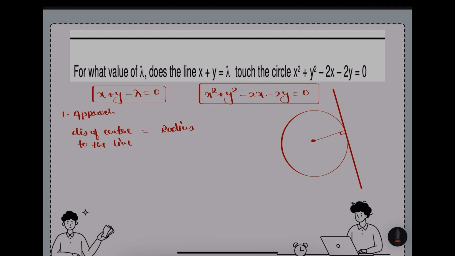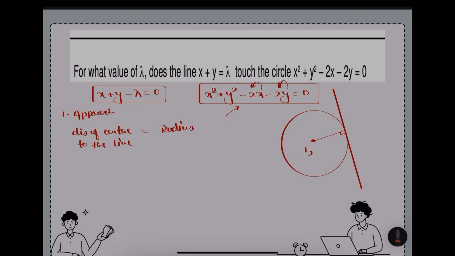Now look at this equation and tell me the center. You know that you have to divide the coefficient of x by 2 and then multiply by minus 1, so it is 1.